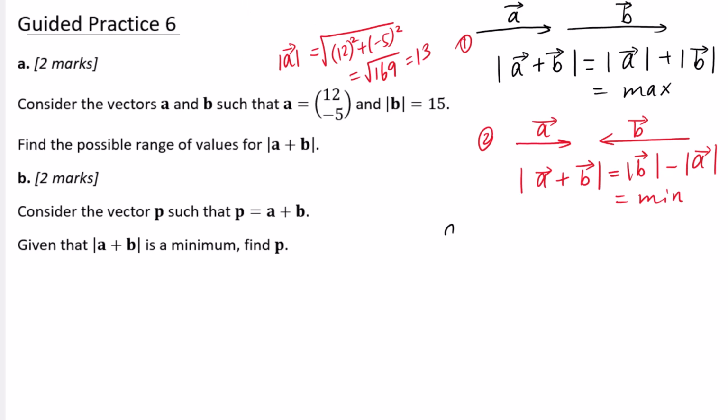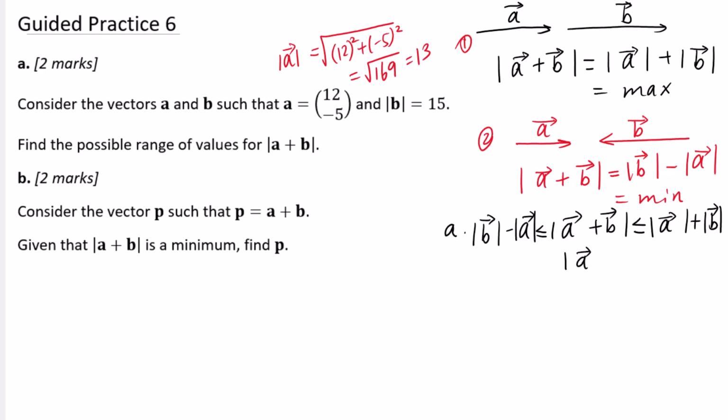Therefore, for question A, absolute value of vector A plus vector B less than or equal to absolute value of vector A plus absolute value of vector B, greater than or equal to absolute value of vector B minus absolute value of vector A. Do the substitution.